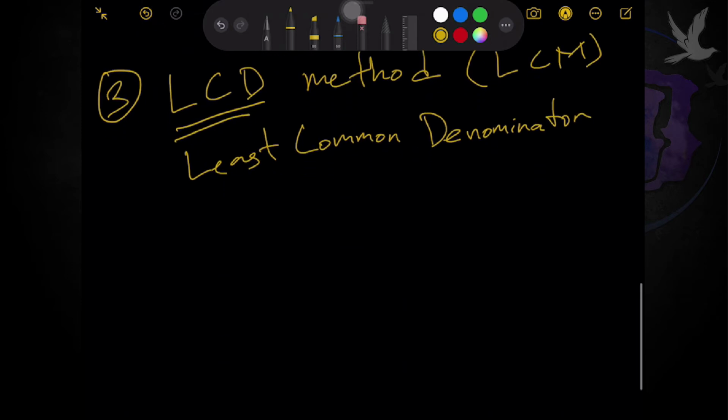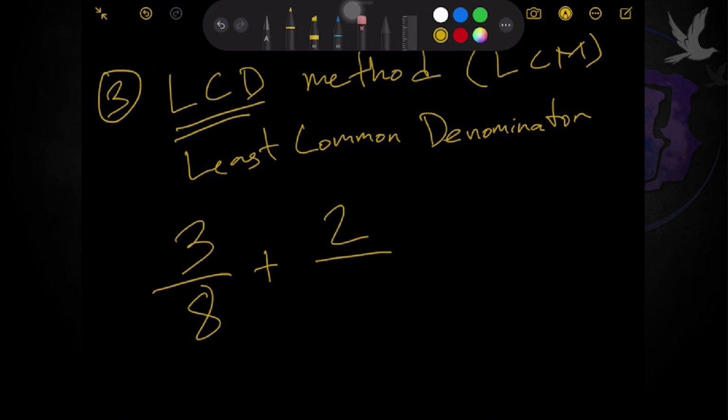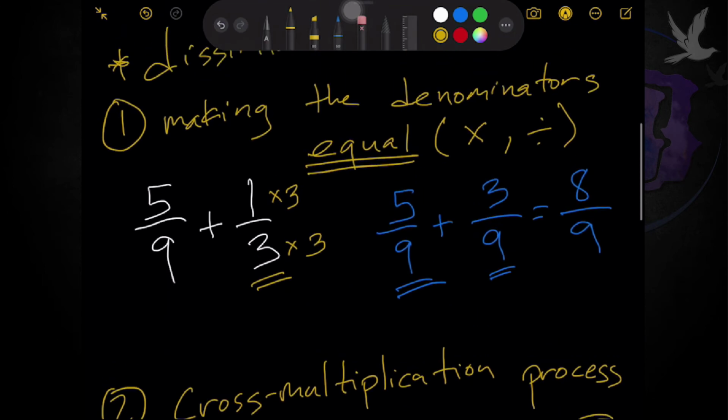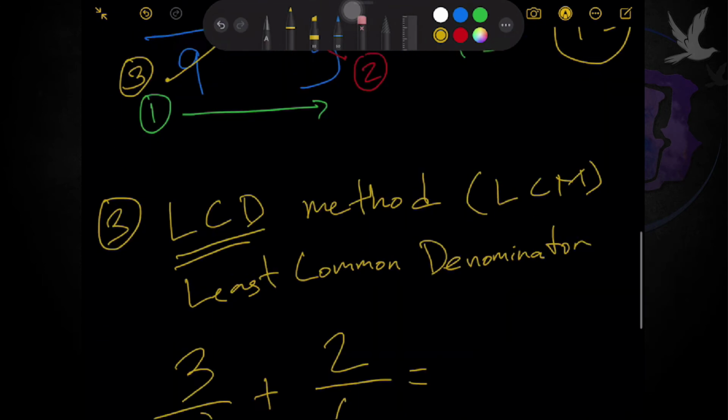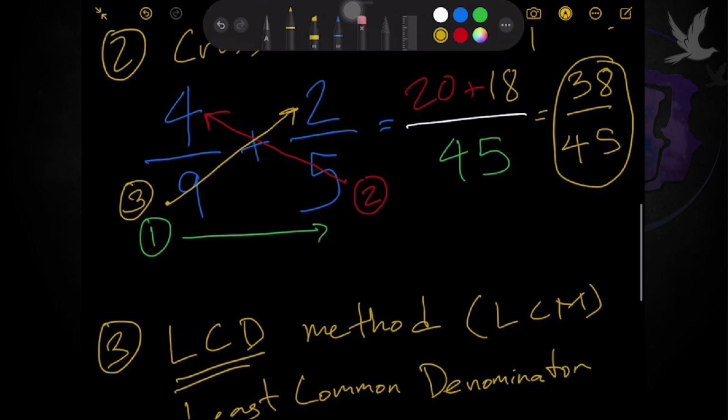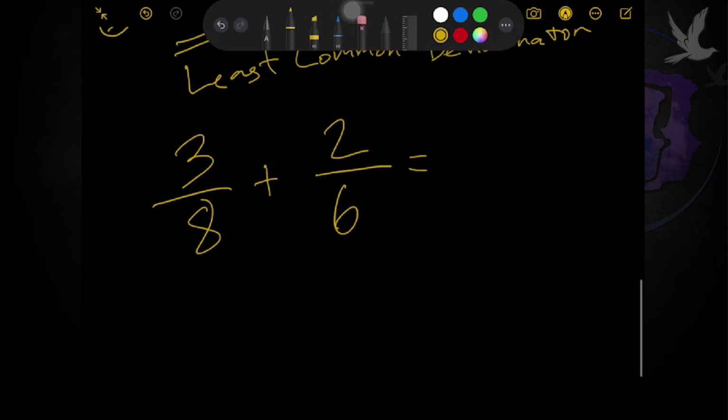Okay, so, for the LCD method, paano nga ba natin ginagawa ito? Let's say we have 3 over 8 plus 2 over, let's say, 6. If you're going to apply technique number 1, hindi pwede. For technique number 2, pwede, diretso.